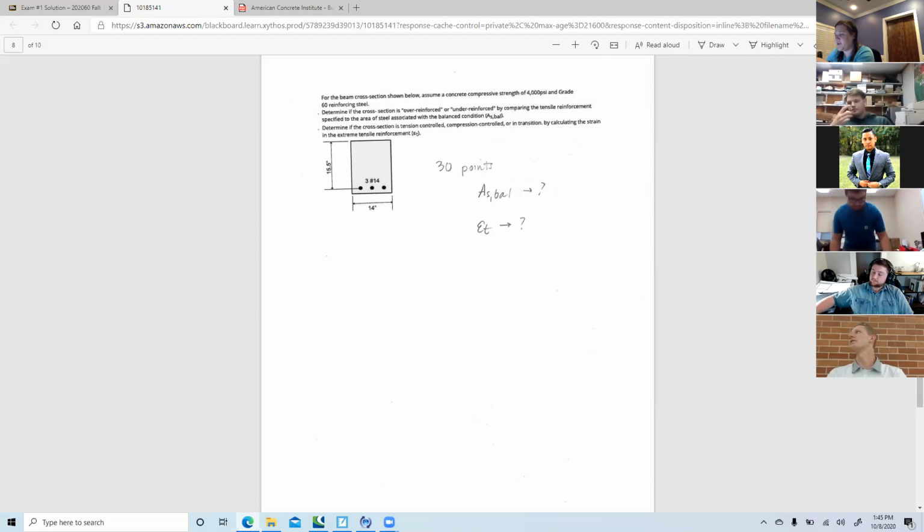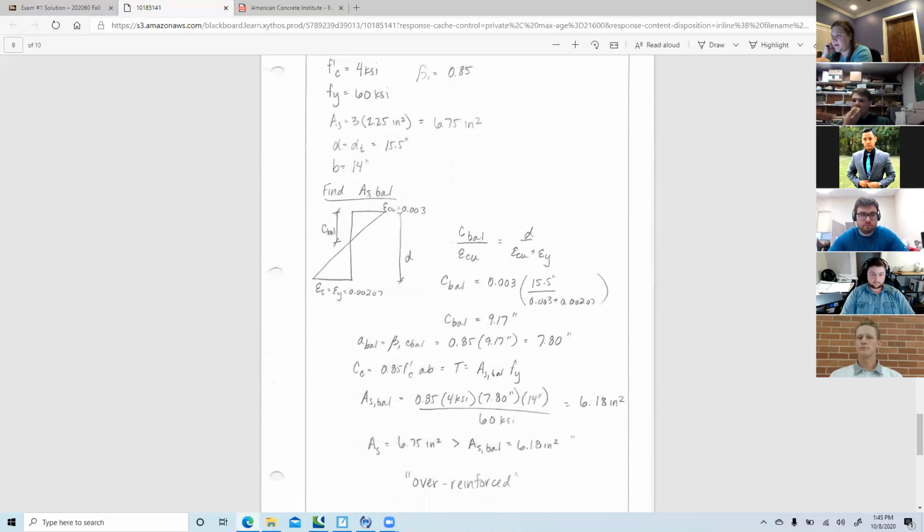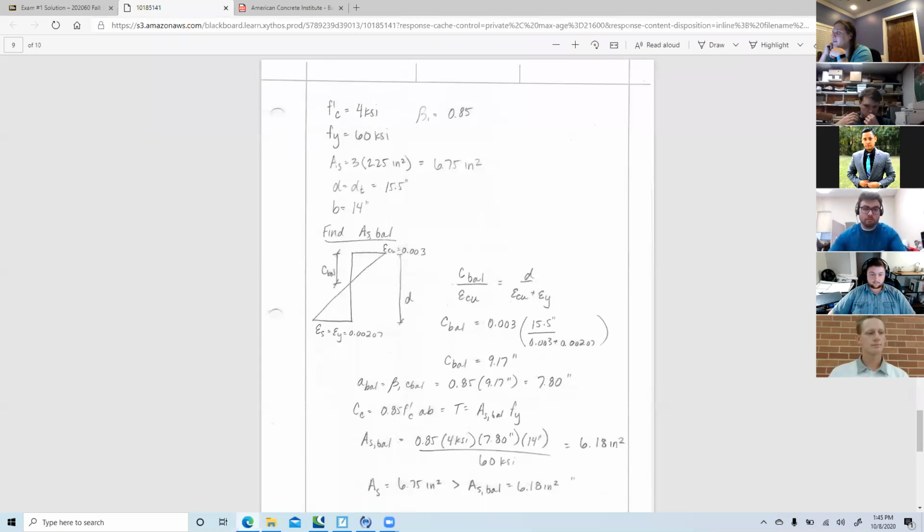I wanted you to first calculate the area associated with the balanced condition, and I specifically asked for the area. And I figured out that there was an error in my notes. I have to go back and fix my equation for balanced area.